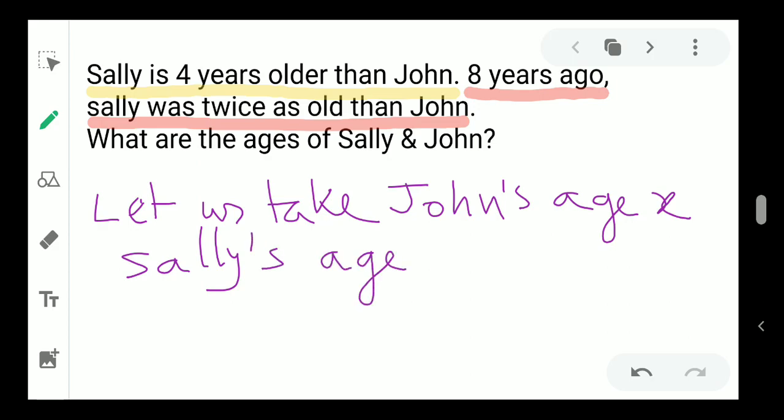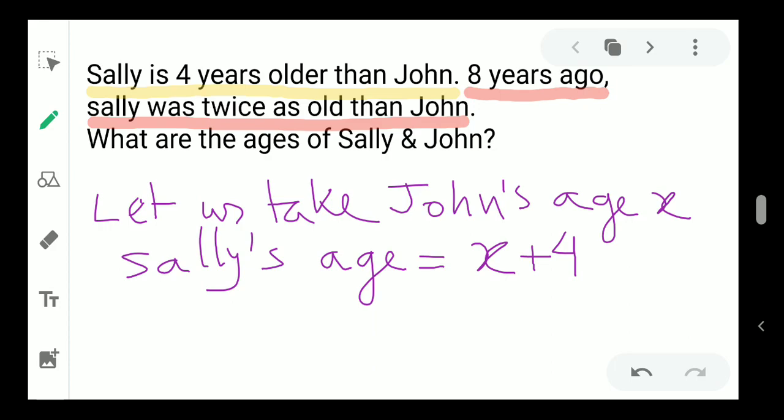I am using the first condition, 4 years older, so Sally's age will be 4 years more than John's. So first I imagined John's age, the smaller one, to be X. You take the smaller quantity for the variable, like in this case John has the smaller age, so I am taking X for John.